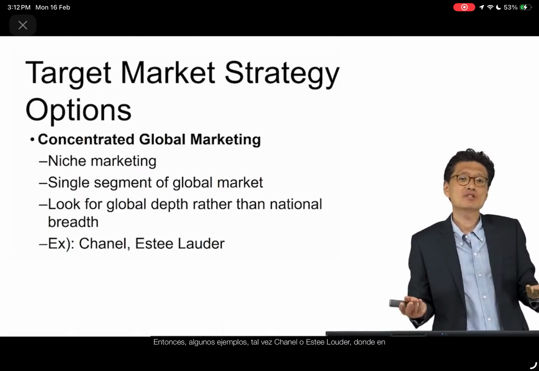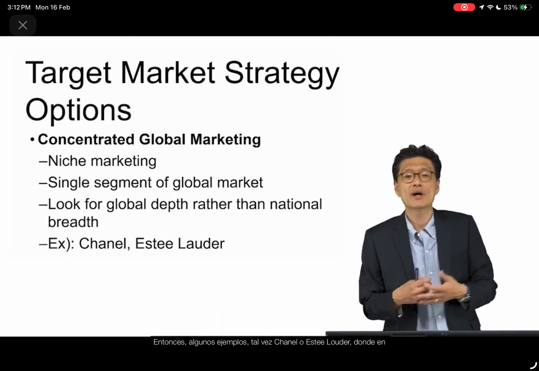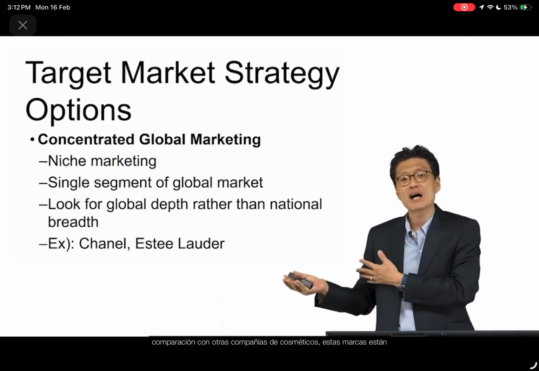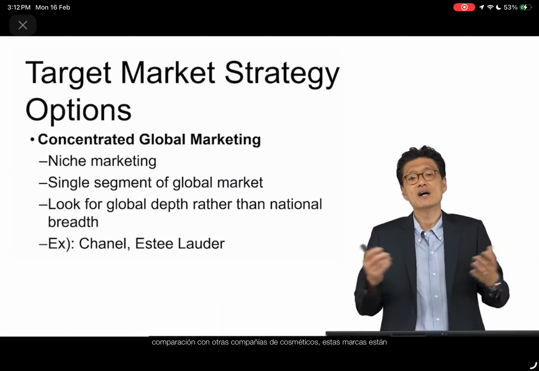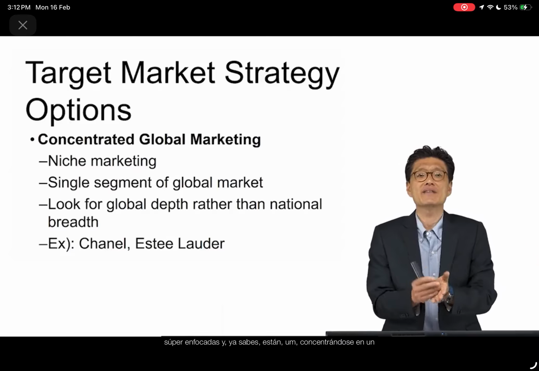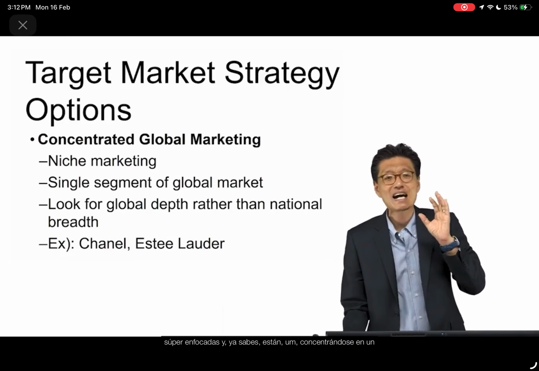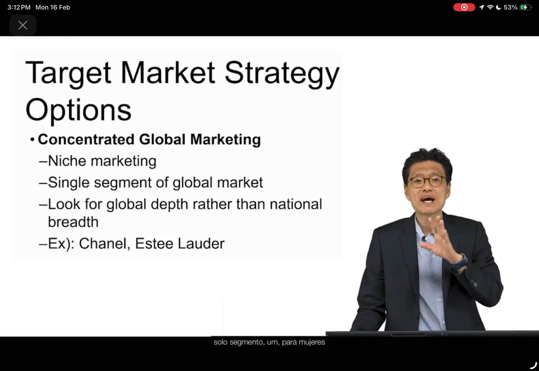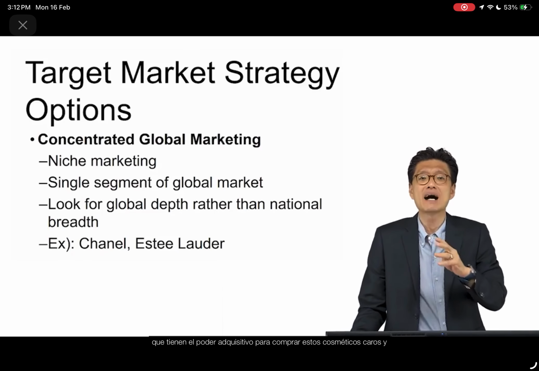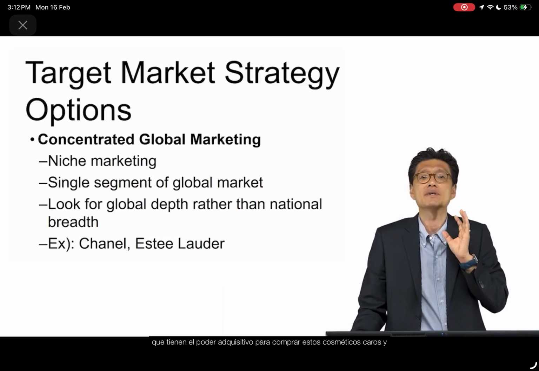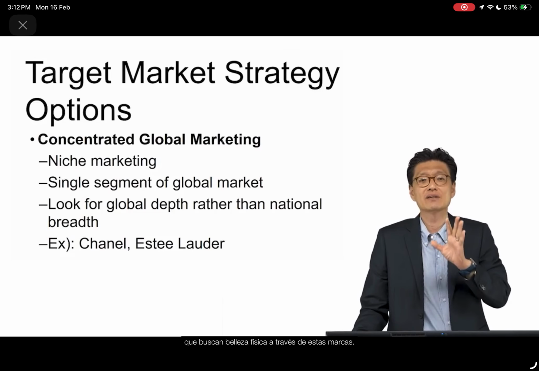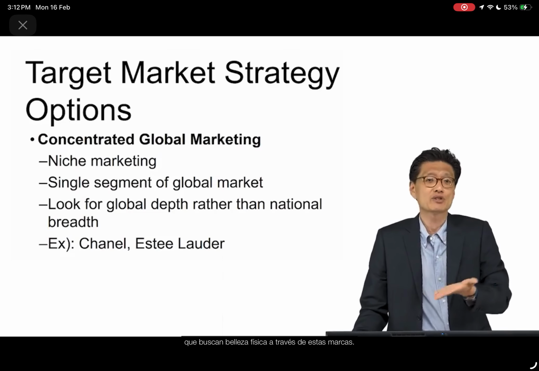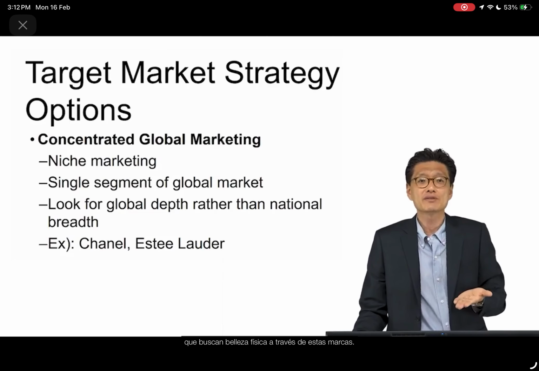Some examples, maybe Chanel or Estee Lauder, where compared to other cosmetic companies, these brands are laser focused, concentrating on a single segment of females that have the purchasing power to buy these expensive cosmetics and that are looking for physical beauty through these brands.